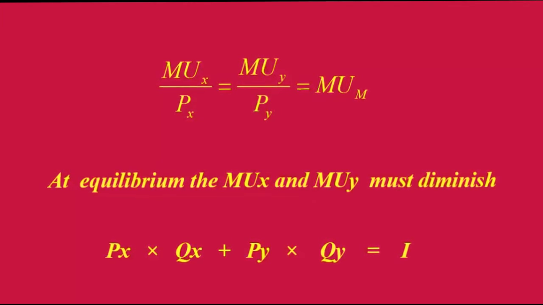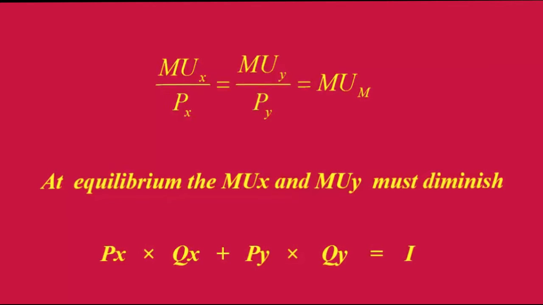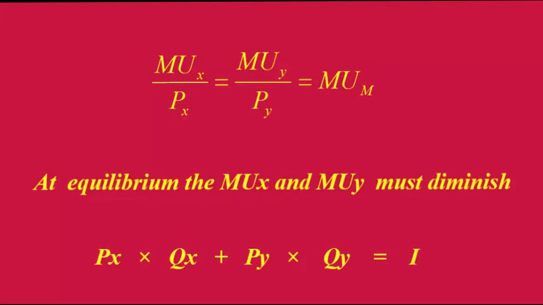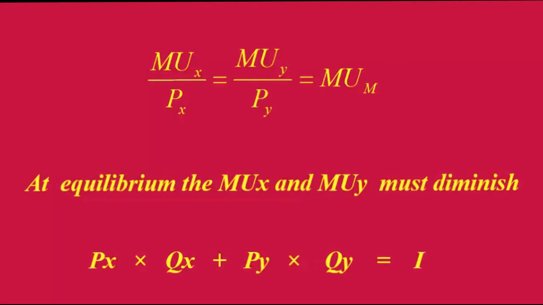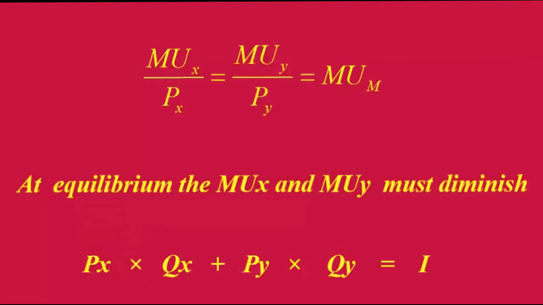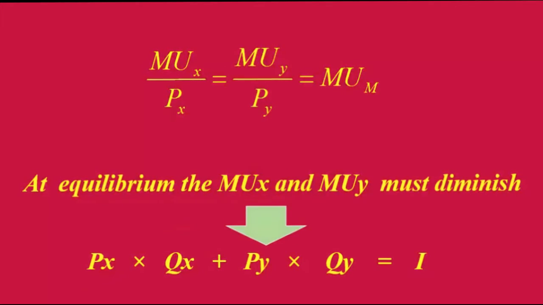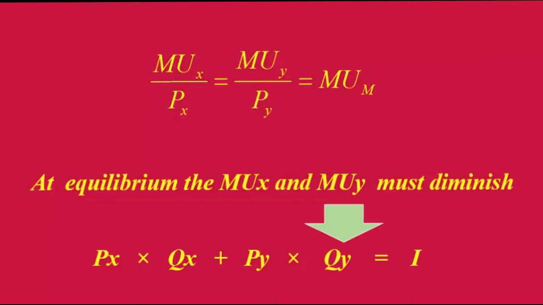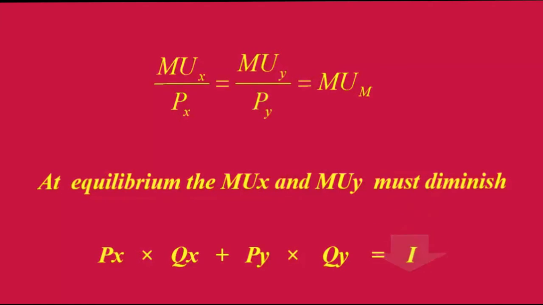Algebraically, it can be stated as Px multiplied by Qx plus Py multiplied by Qy equal to I, where Px is the price of good X, Qx is quantity of good X, Py is price of good Y, Qy is quantity of good Y, I is the income of the consumer.